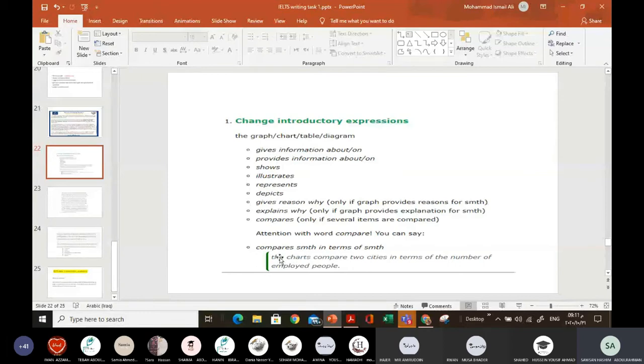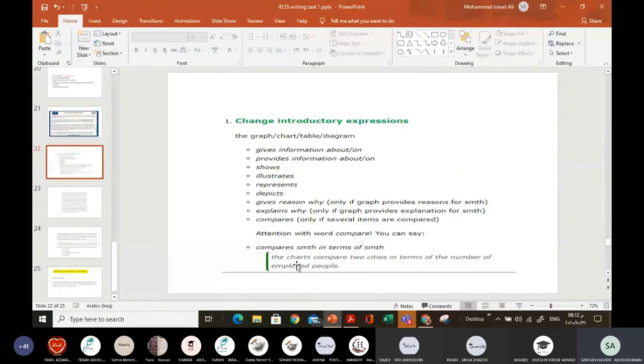And if you want to make a comparison, you say the charts compare two cities in terms of the number of employed people. When you compare two things, you say the charts compare two cities in terms of something. If you start with this sentence, you have a comparison.